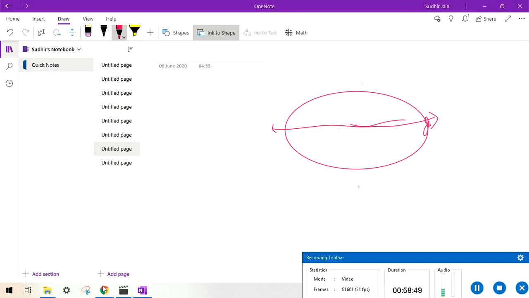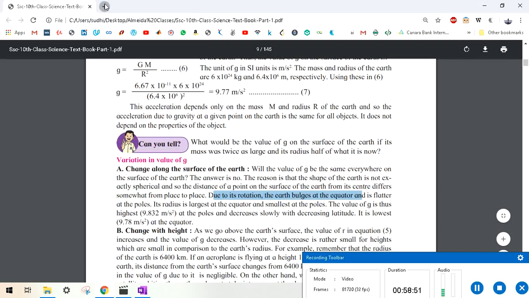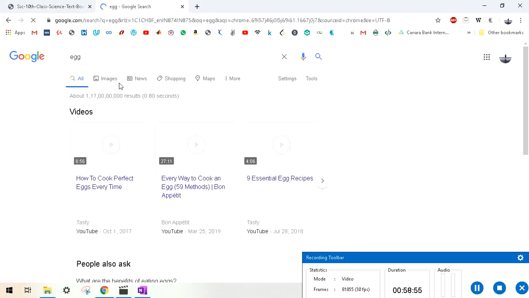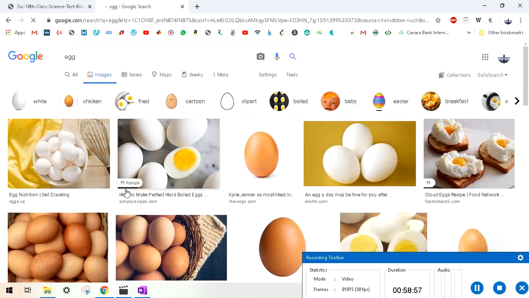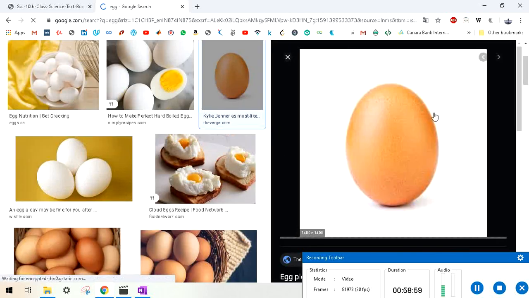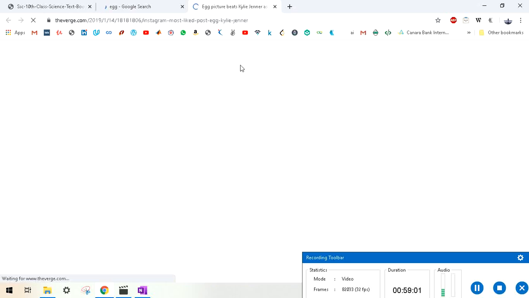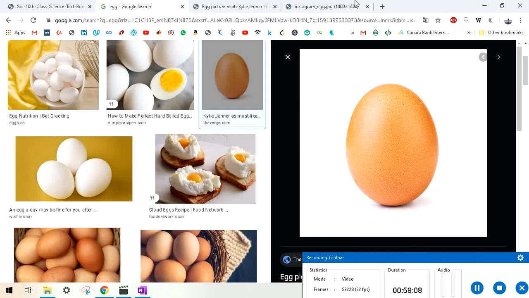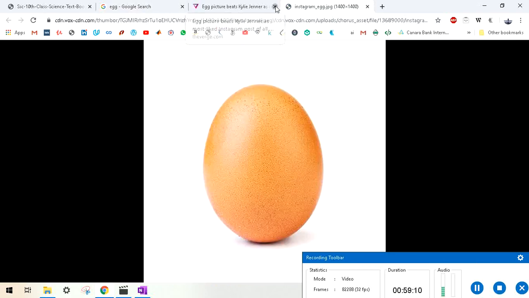Let me show you a diagram of an egg. Okay, somewhat like this, right? Yeah, so our shape of earth is probably like this.